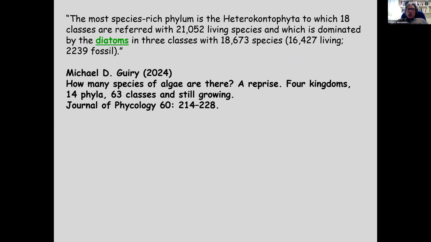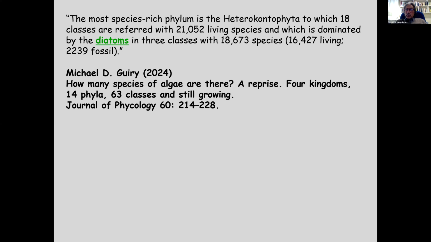Okay, I will start with this paragraph by Michael Guiry. Last year, he provided this revision of the number of species of algae, and it was amazing to confirm that diatoms are very diverse, with more than 18,000 species.